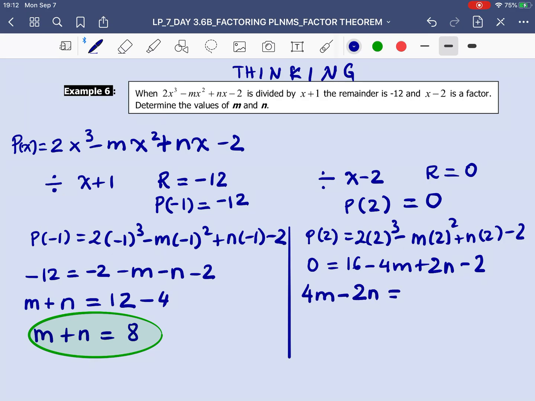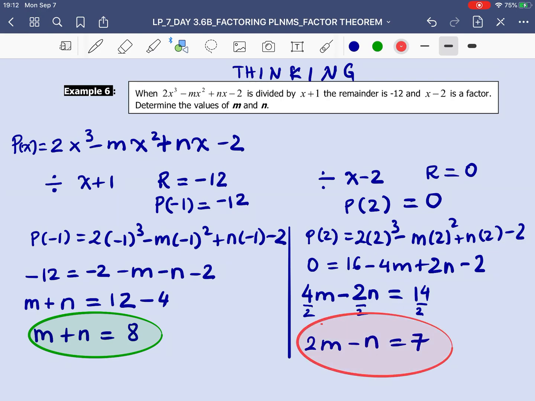Take 4m to the other side and the n term as well. So 4m minus 2n equals 14. We're almost done, but usually I like to check whether I can reduce the coefficients, because the smaller the better. Then we get 2m minus n equals 7. This will be our second equation.